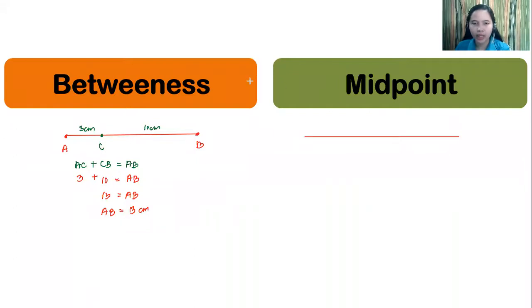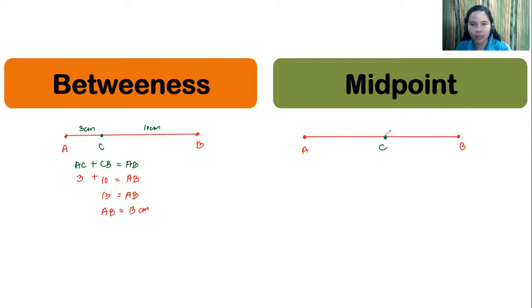Let's say this is our line segment AB. And in the line segment AB, there is a point in the center of the line segment. So let's say we have C. As you can see, assume that point C is the midpoint of segment AB.